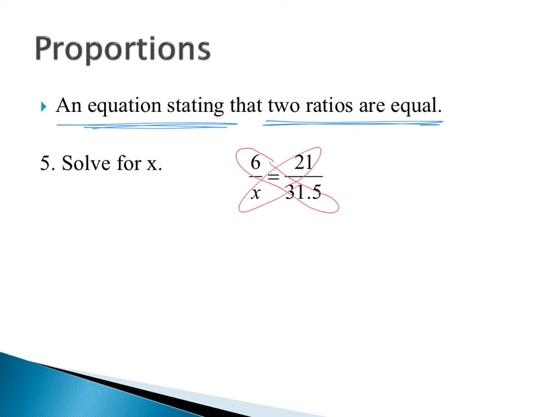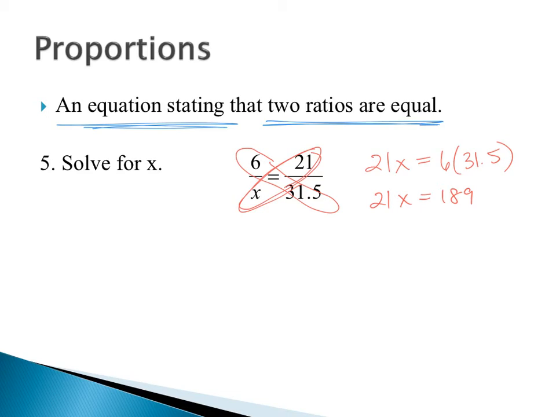It doesn't really matter which diagonal you start with, but we're going to do 21 times x, which is 21x. And we're going to do 6 times 31.5. So I need to type in my calculator 6 times 31.5, and that is 189.